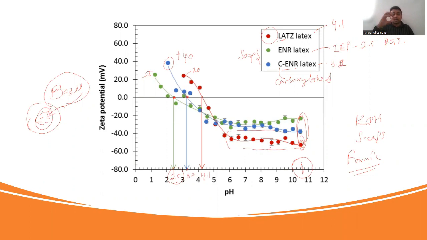Most of the time the zeta potential is very similar. What is the range? Minus 40.